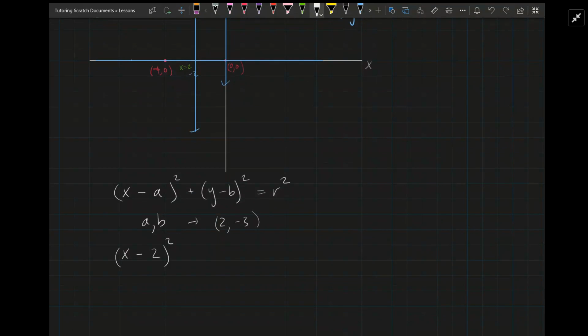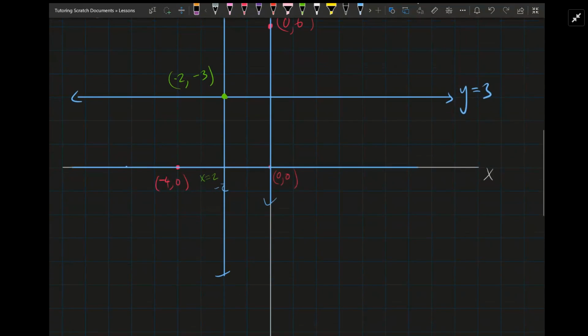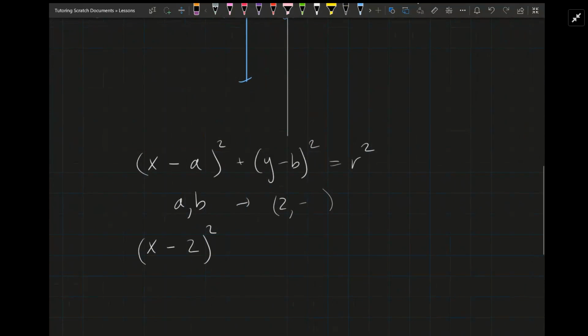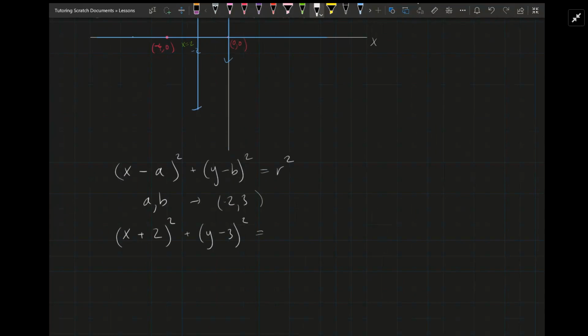Oh, sorry. x is -2 and y is +3. My bad. Don't copy what I did. It's wrong. But yeah, negative 2, 3. So we're going to have x plus 2 squared, and then y minus 3 squared is equal to r squared. Well, that's what we still need to find. We're almost there, but we still don't know what r is.